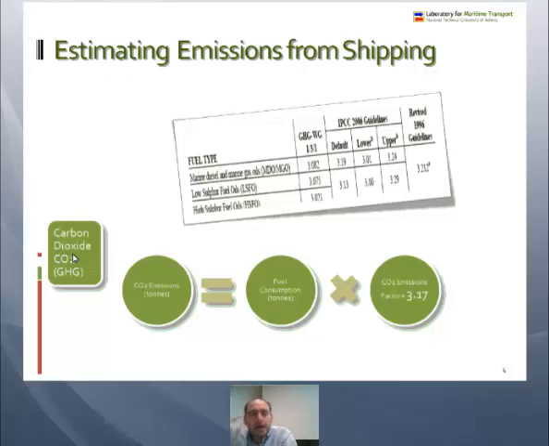But in the past few years, we used a single value, this 3.17 figure that you can see in there, which means that when a ship burns 1 ton of fuel oil, it produces roughly 3.17 tons of CO2.